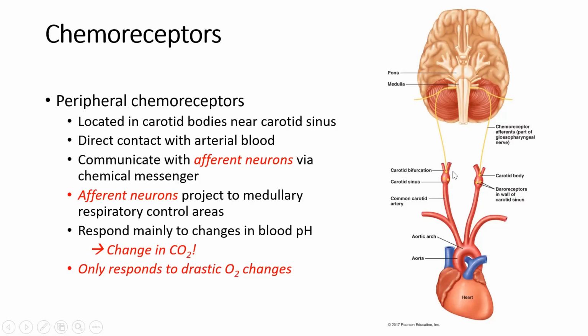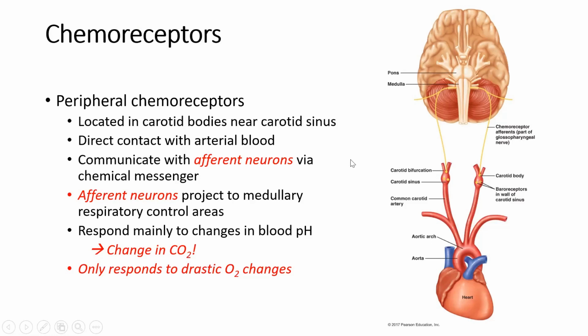Just before it does that, right distal to where we saw the carotid sinus, we have the carotid bodies. And the carotid bodies are basically detecting the levels of these gases in the blood that's moving through these parts of the vasculature, okay? So they are not the same thing as the carotid sinus, but they're very close in proximity to the carotid sinus, if you remember those baroreceptors from the cardiovascular system.